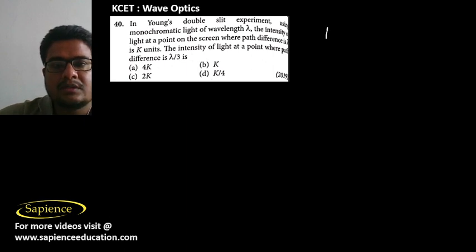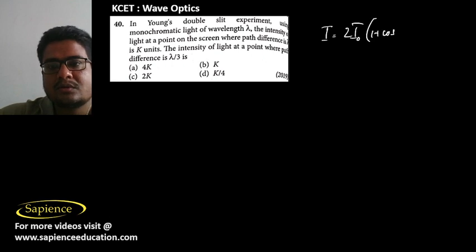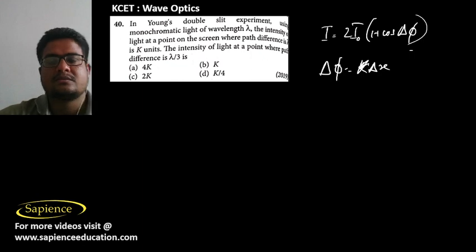So the net intensity is given as I resultant, that is equal to 2 I naught into 1 plus cos delta phi, where the phase difference delta phi is equal to k delta x.